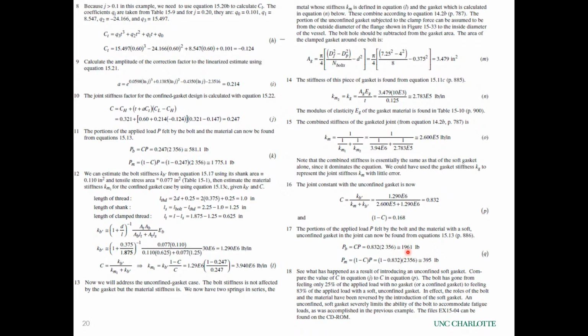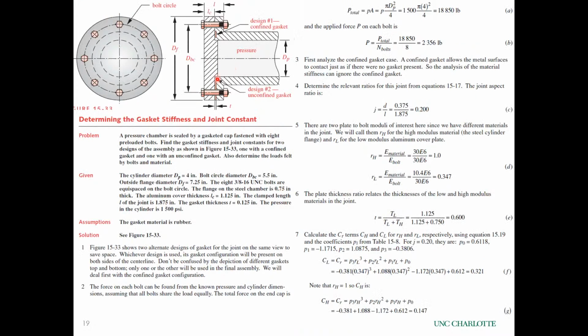Okay, so it's almost 4 times the load in the bolt, and the material only picks up like 395 pounds. Okay, so that can be undesirable if you don't want the bolt to be picking up the load and you want the material to pick up more of the load. Those subtle changes in how we put these joints together significantly affect the load that the bolt experiences.